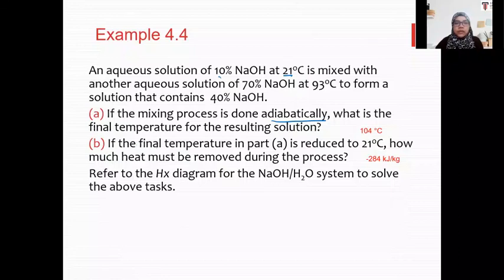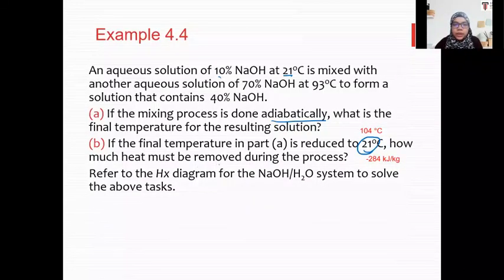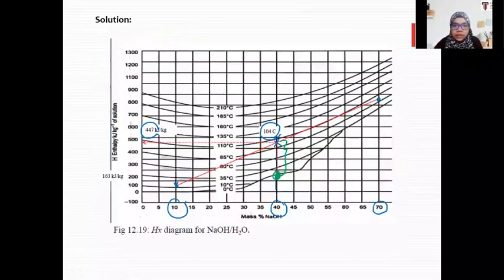Next, part B: if the final temperature in part A is reduced to 21 degrees Celsius, how much heat must be removed during the process? So we remove heat down to 21 degrees Celsius.